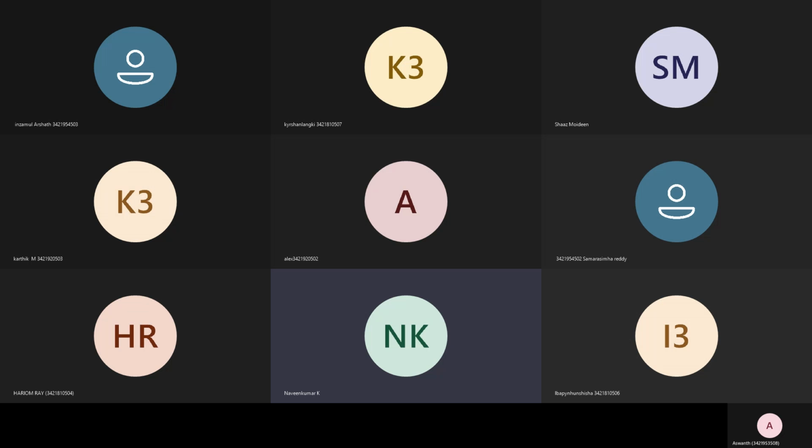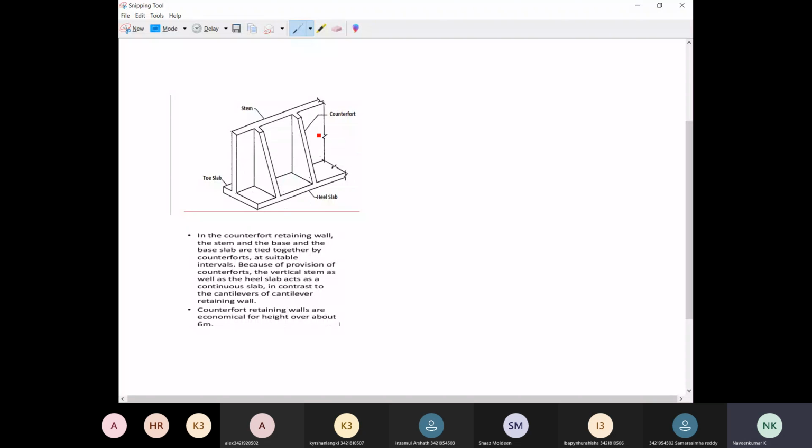I'll share the screen which shows the types of the retaining wall. Actually, this is the picture which shows the counterfort retaining wall. Coming to the concept of cantilever retaining wall, in that case we need the wall height as 5.2 meters. That's why we design the wall as a cantilever retaining wall.